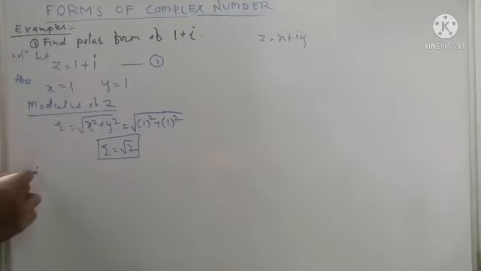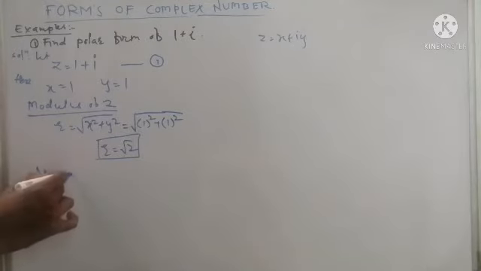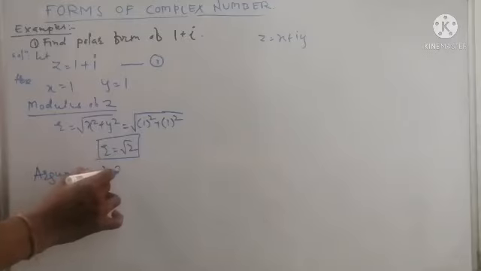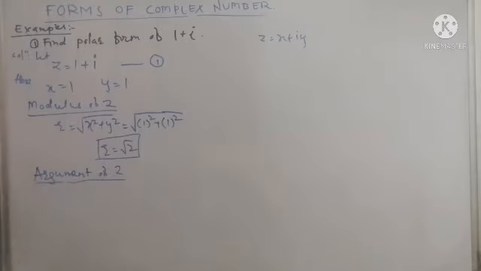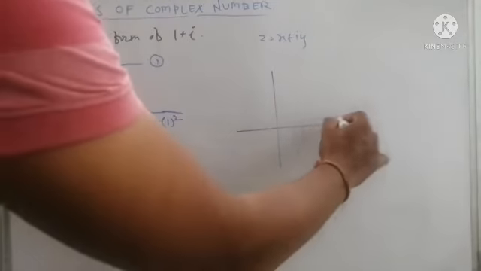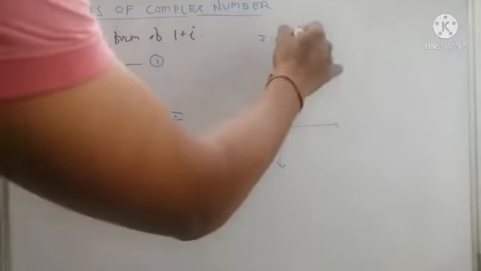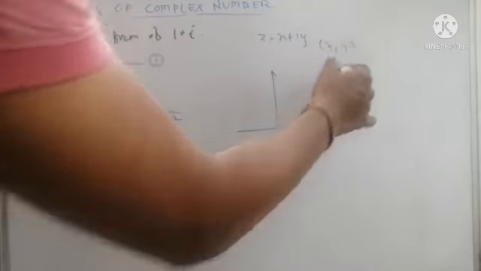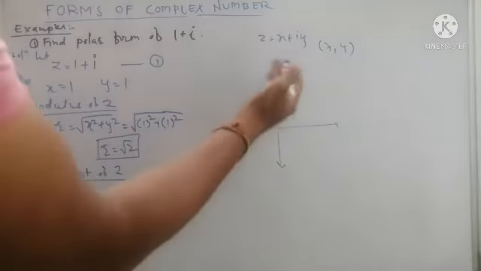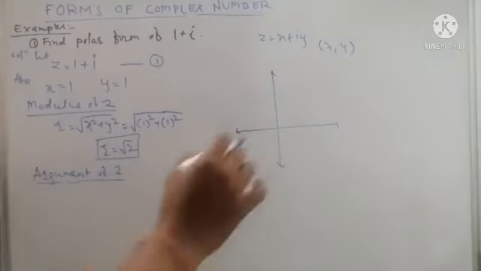Now next we calculate the argument of z. Actually, argument of z is an angle. As you can observe, a complex number z is equal to x plus iy, which is denoted by a point (x, y) in the Argand plane.